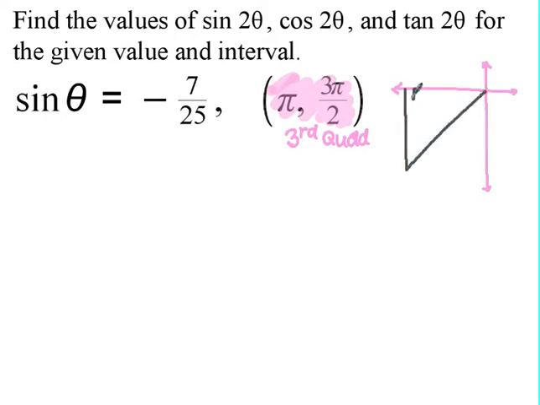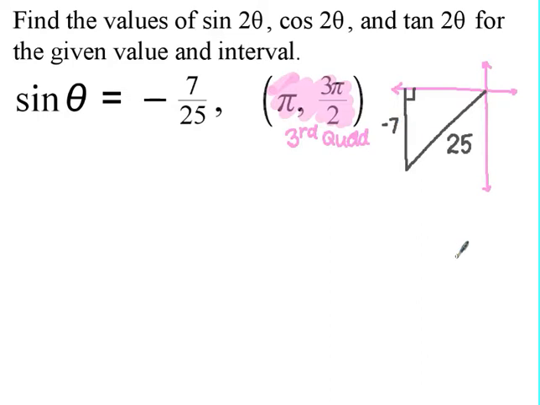And in that triangle, they tell me that the sine is negative 7/25. So what sides does that tell me? What side will be 7? And the hypotenuse is 25, very good. The opposite here is negative 7.